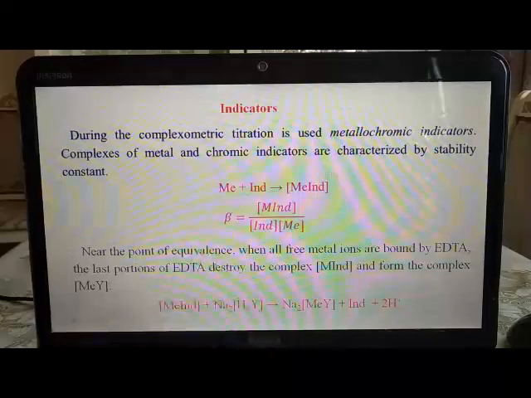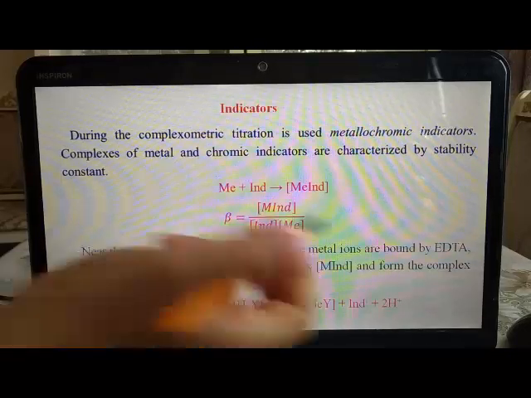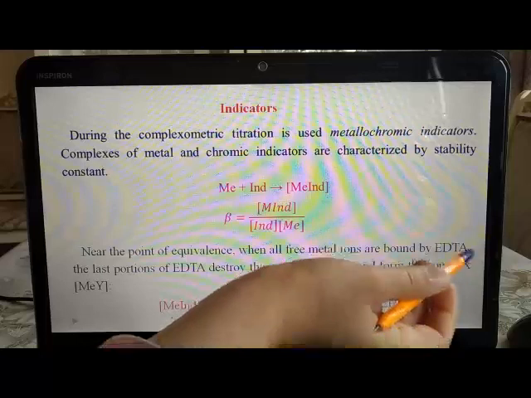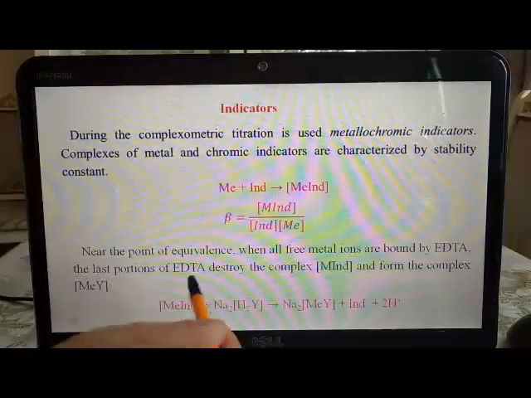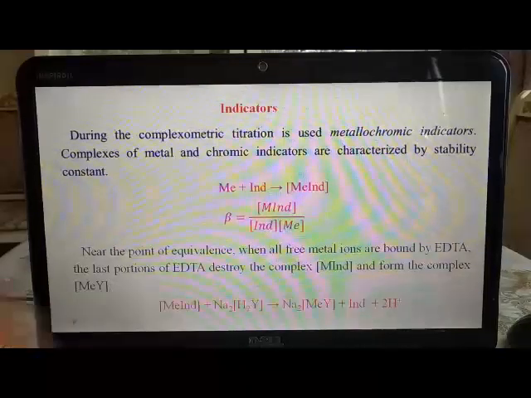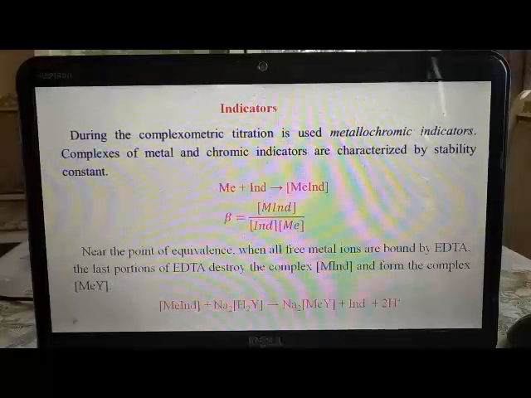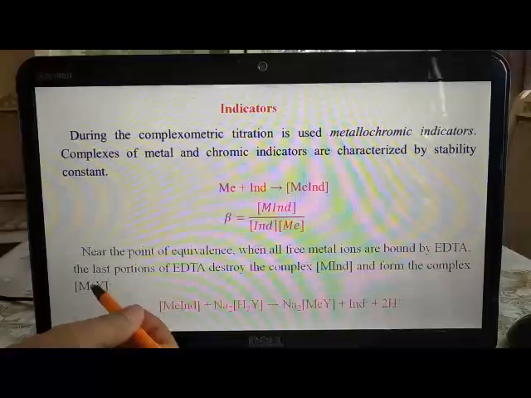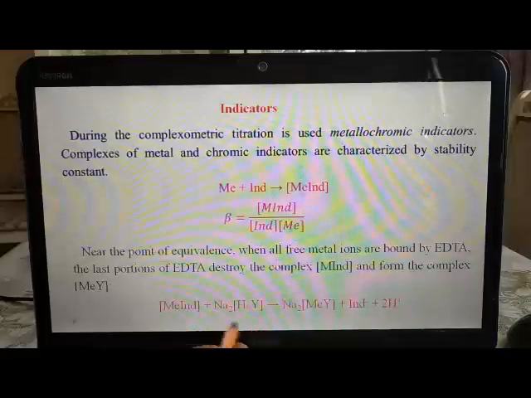Near the equivalence point, when all free metal ions are bound by ethylenediaminetetraacetic acid or Trilon B, the last portion of the titrant destroys the complex of the metal with the indicator and forms the complex of the metal with the ionized form. This is represented by the next equation.